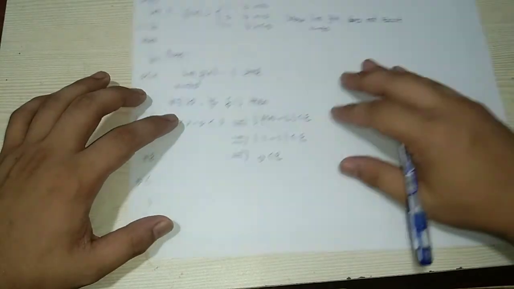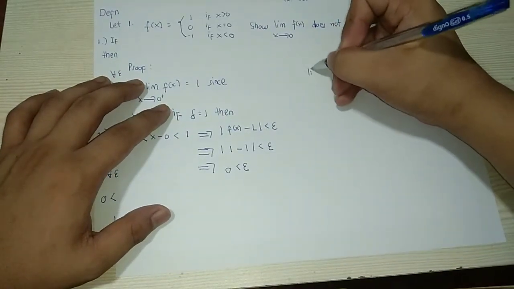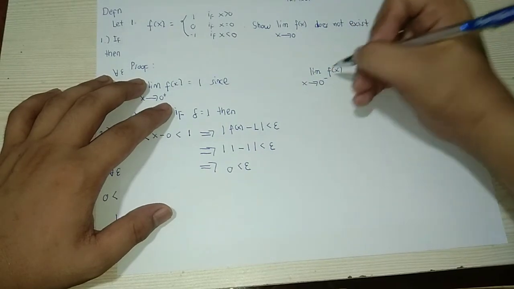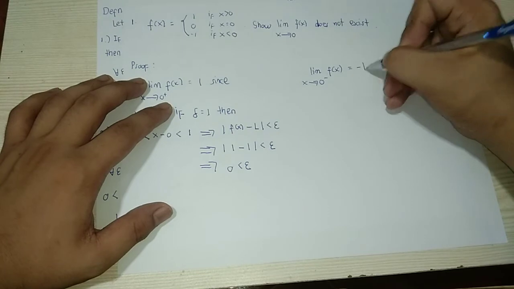And then, on the other hand, the limit of f(x) as x approaches 0 from the left is negative 1.